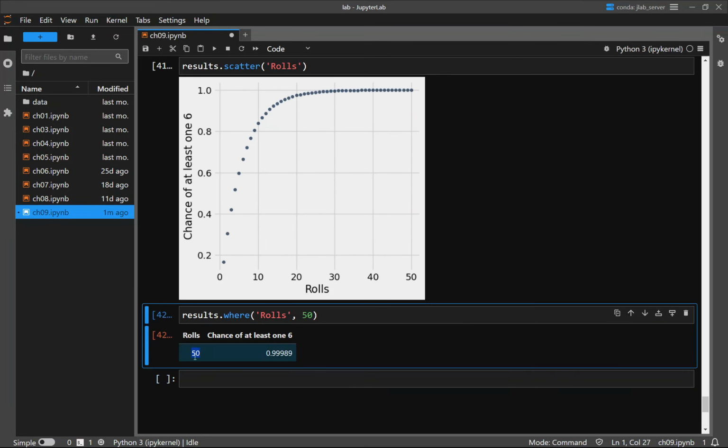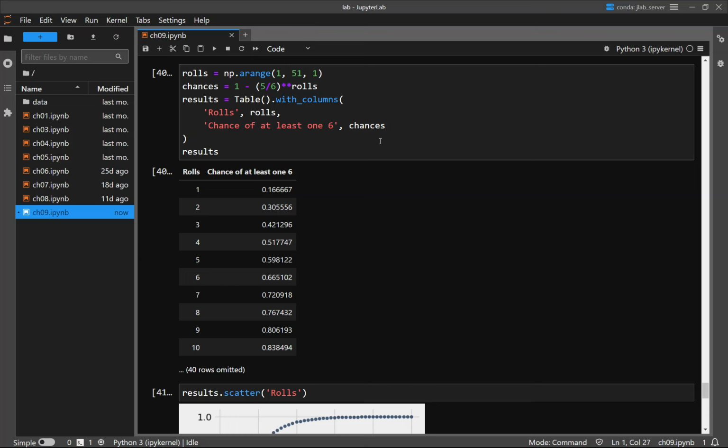All right, when you had 50 rolls, 1 minus 5/6 to the 50 is 0.99989. See that? So it's almost a certainty that you'll have a 6 by then, somewhere. And yeah, it's fun to graph and fun to watch the library make sense of things for us. Questions about any of that?